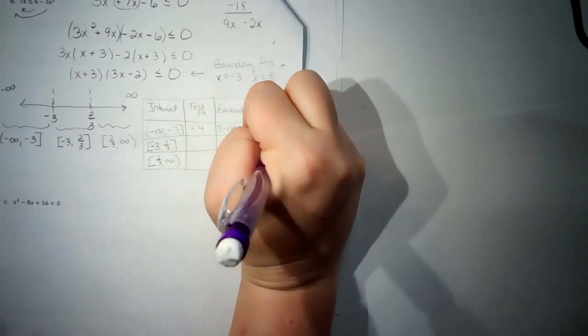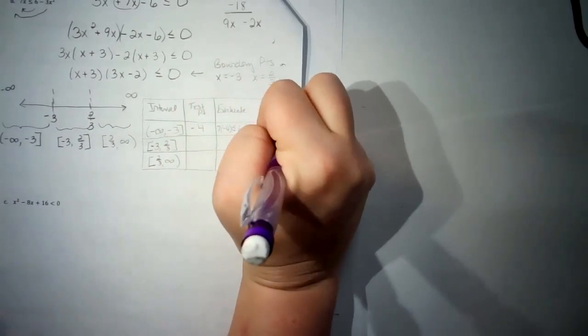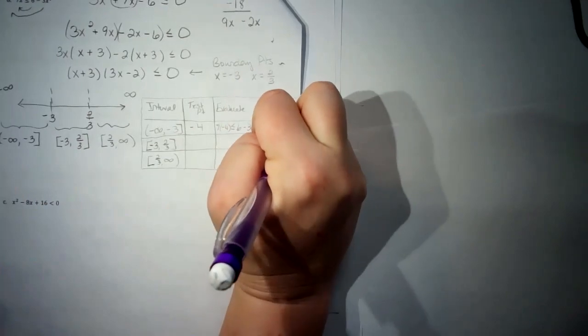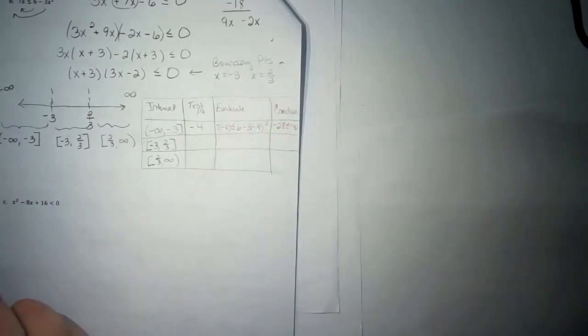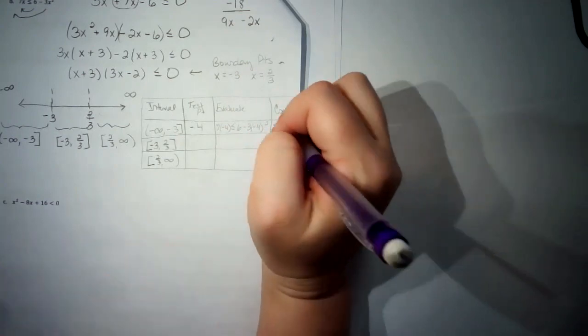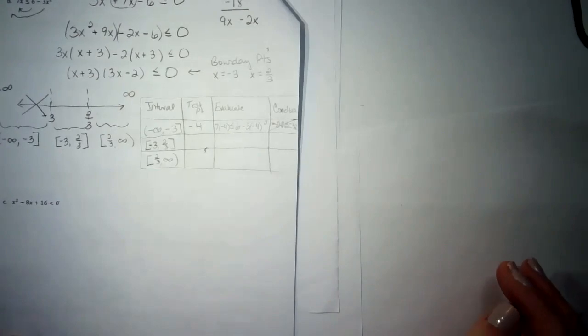This is going to mean -28 should be less than or equal to -42. Is -28 less than or equal to -42? No. So that means no, it can't be that interval.